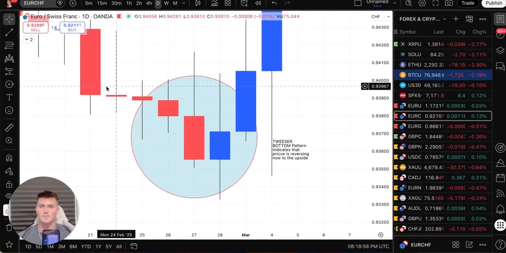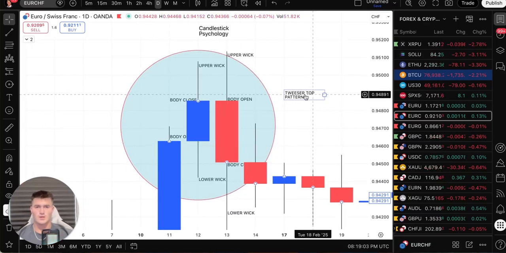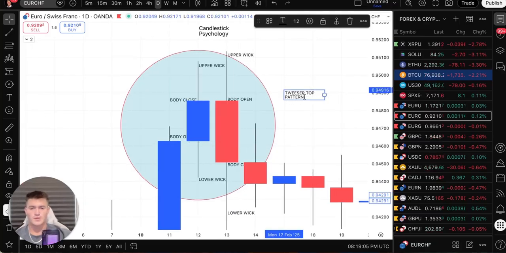That's your tweezer bottom pattern, and that's your tweezer top pattern. So your tweezer top pattern indicates that we are reversing to the downside.